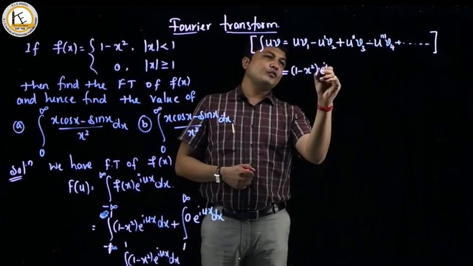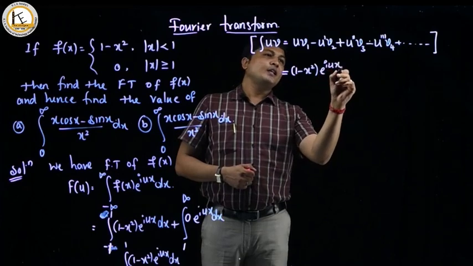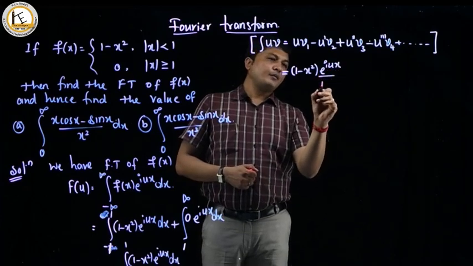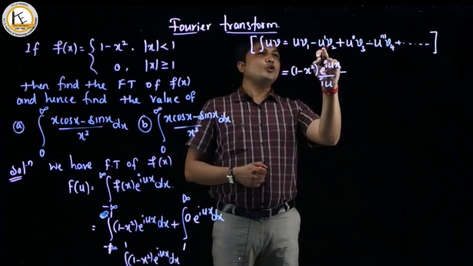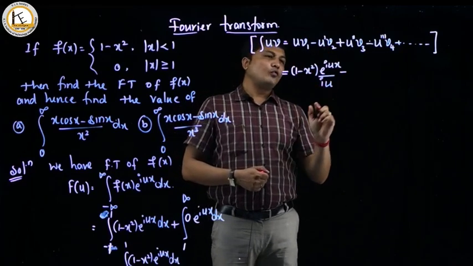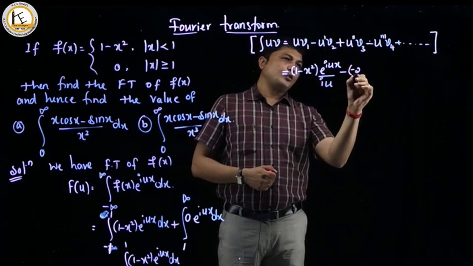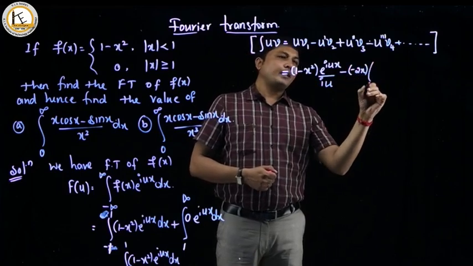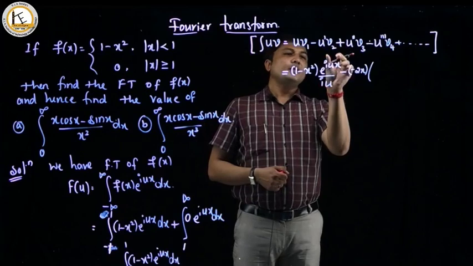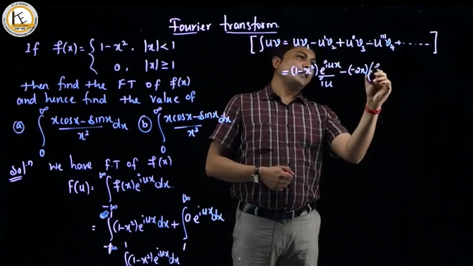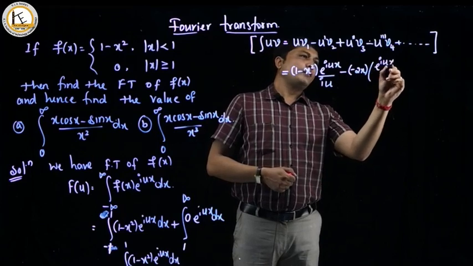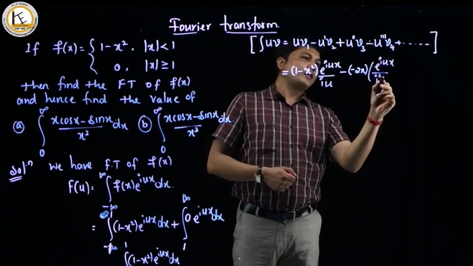So integration of e raised to iux is e raised to iux divided by iu, minus u dash. u dash means the derivative of 1 minus x square, which is minus 2x, writing everything in the bracket, and again v2 means integration of this function. So it is e raised to iux divided by i square u square.